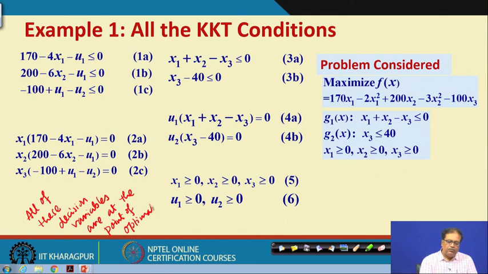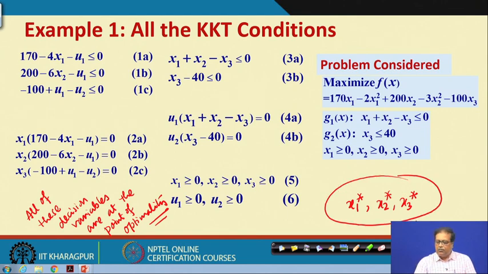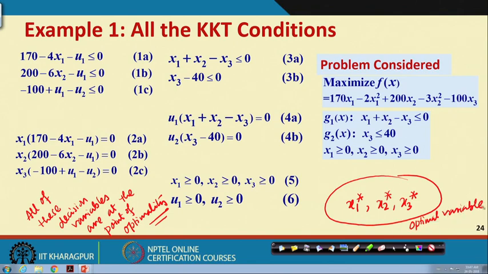This point has to be very importantly remembered. That means we are really talking about x1 star, x2 star and x3 star, that is, the optimal variable values. That means the KKT conditions are true at the point of optimality.